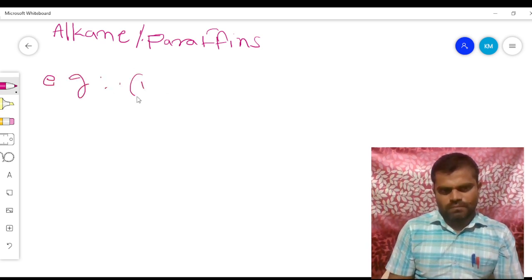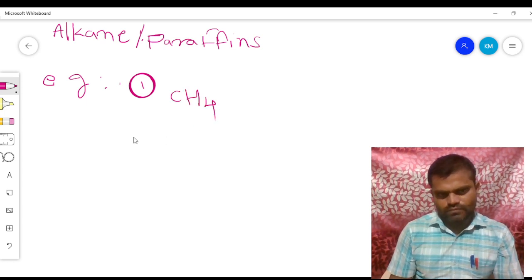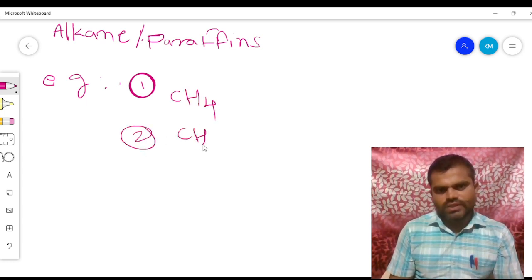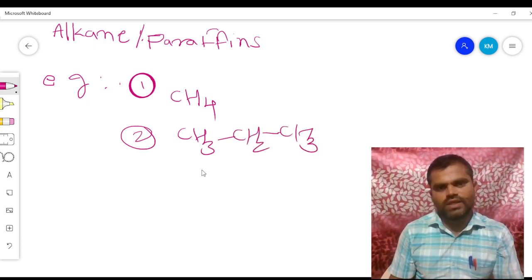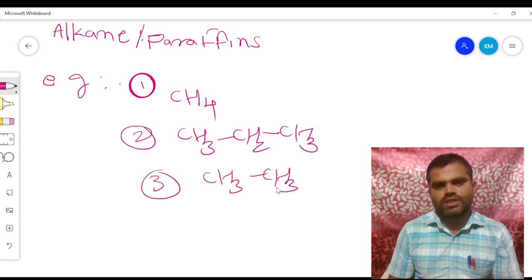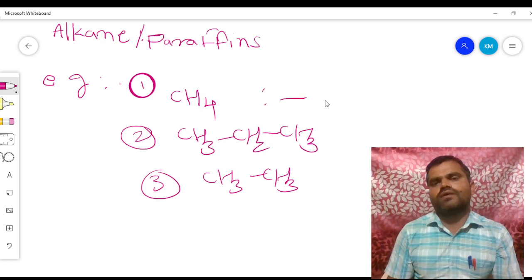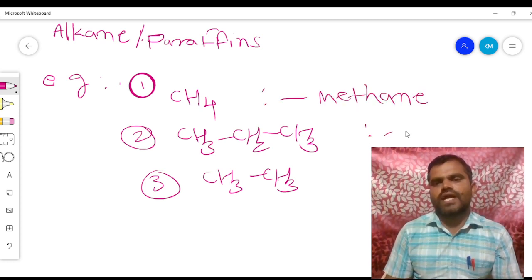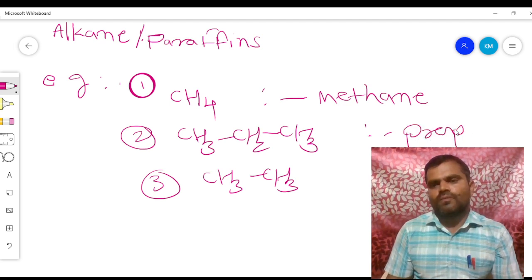First one is CH4, then second one is CH3 bond CH2 bond CH3, similarly CH3 bond CH3. First one is methane, second one is propane, next one is ethane.